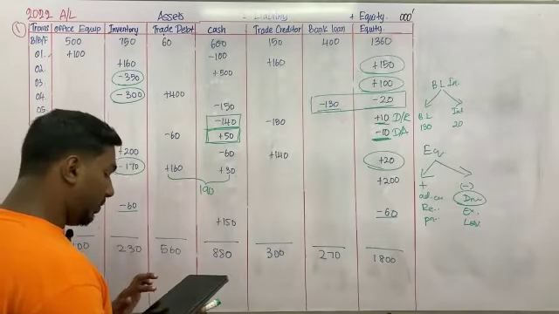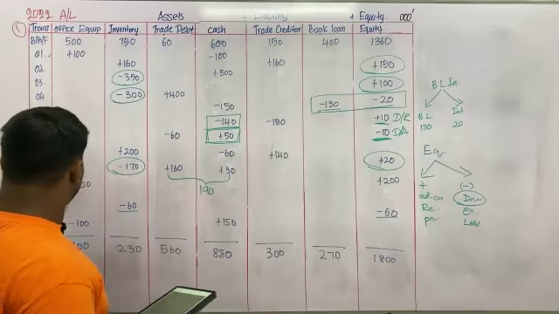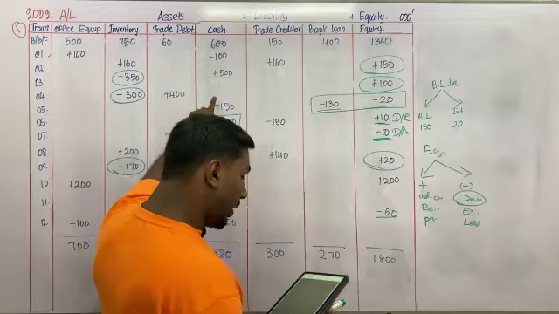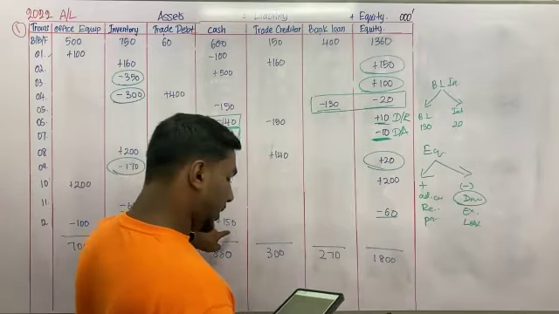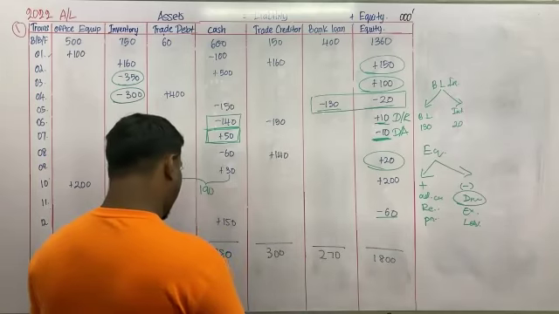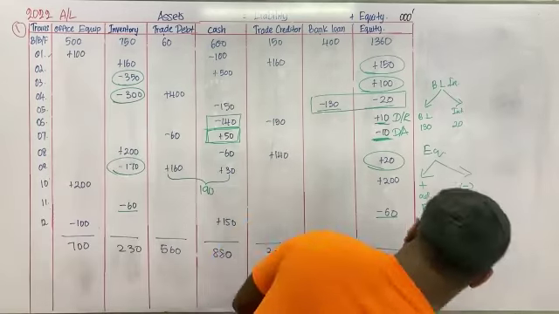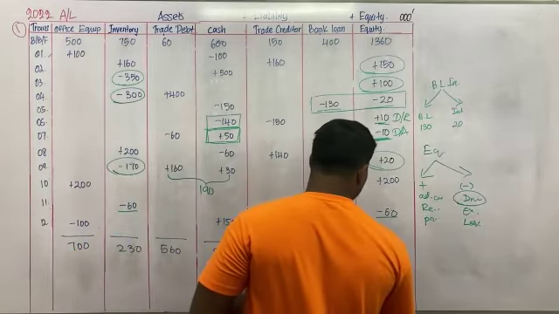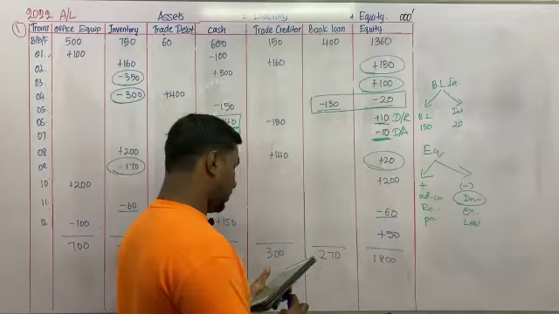Question number 12, 100,000 minus in the office equipment and 150 in the cash and 50 in the equity. Sorry, I missed that.